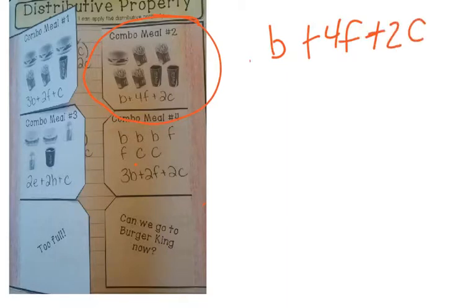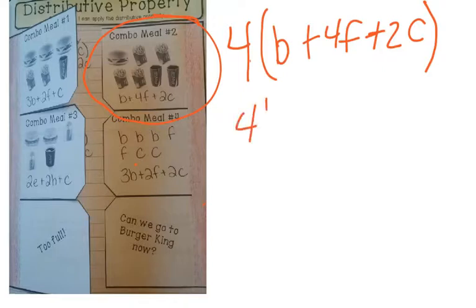Now, if I say to you, let's order 4 of these. I'm going to put my expression in parentheses. I'm going to put a 4 on the outside. So I'm going to use distributive property now to figure out how many burgers, fries, and Cokes I'm going to end up with. So 4 times B is 4B plus 4 times 4F. 4 times 4 is 16.